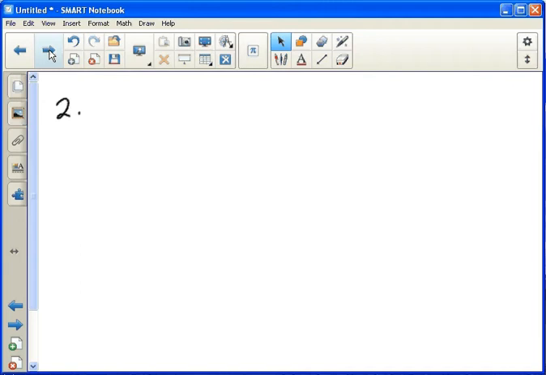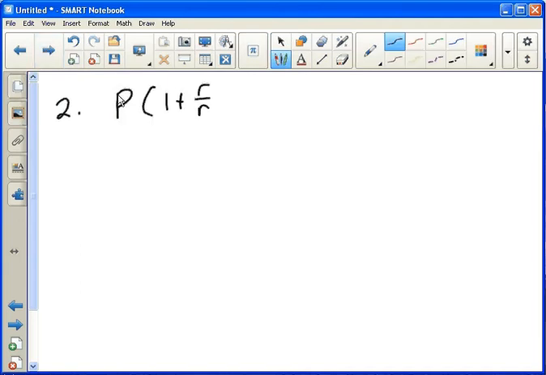Number 2 asks us to use the interest equations to evaluate an investment of $20,000 at 6% interest compounded semi-annually for 13 years. Since it's compounded semi-annually, you have to use this equation.